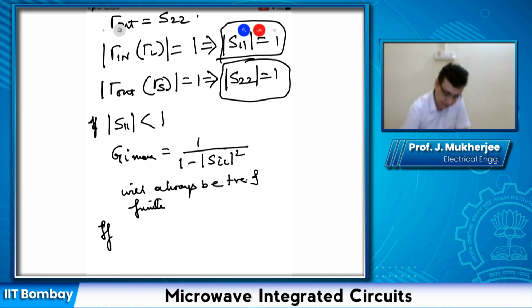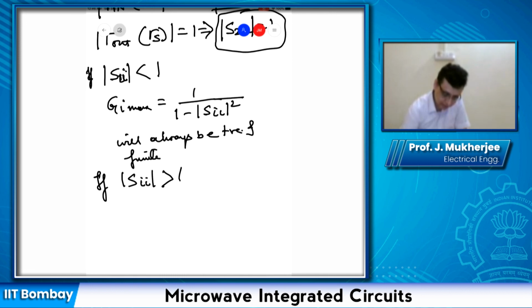But if modulus of SII is greater than 1, then GI max may be negative.